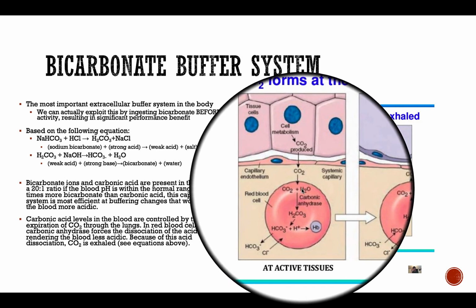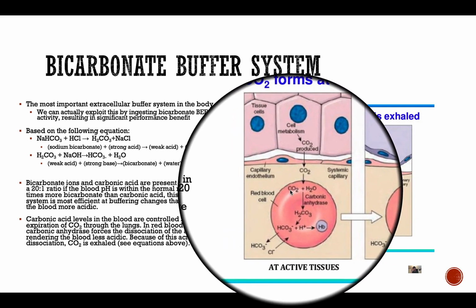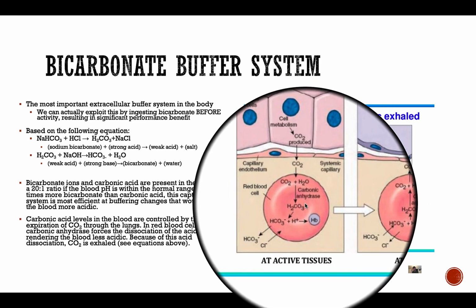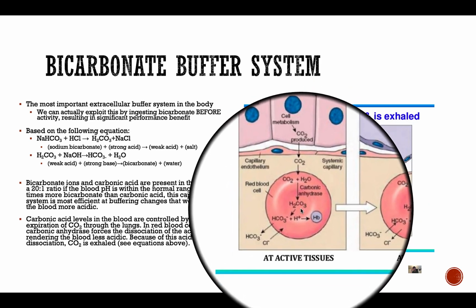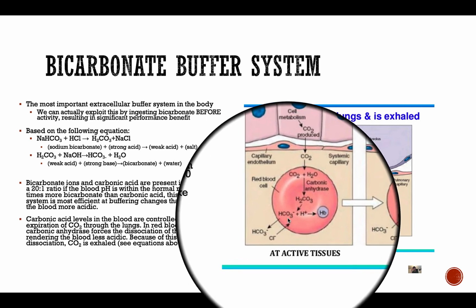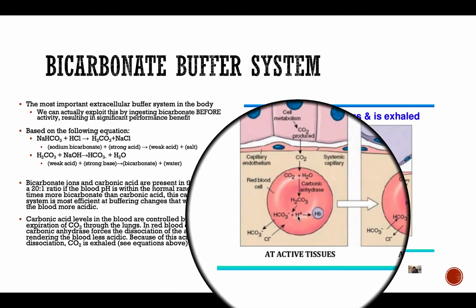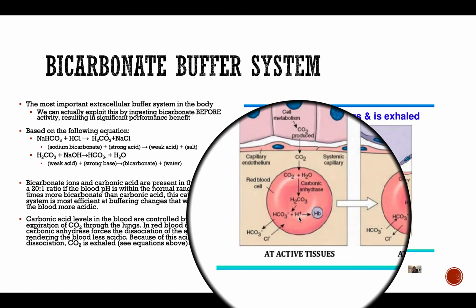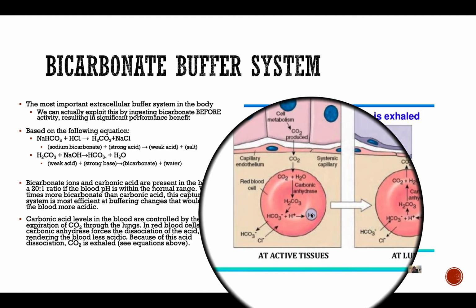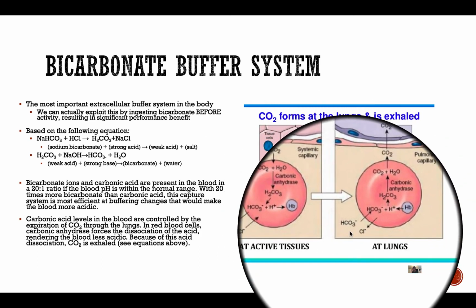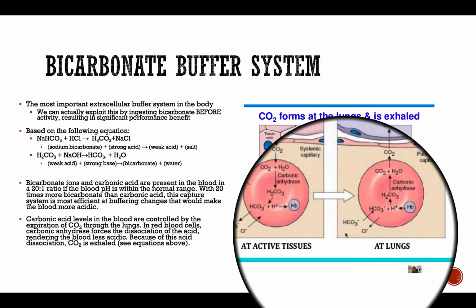Anyways, we're going to have a combination of carbon dioxide with water, and we're going to produce carbonic acid. Carbonic acid is going to get broken down into a bicarbonate molecule and a hydrogen ion. The hydrogen ion is going to be bound to deoxyhemoglobin. We just went over this on the last slide. We're going to release that bicarbonate, and that bicarbonate is going to be circulating inside the blood.